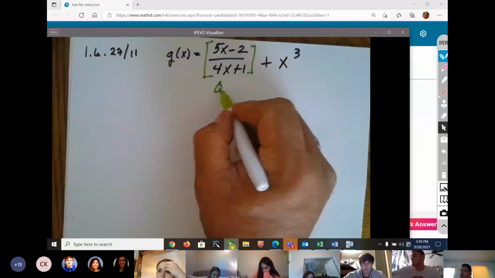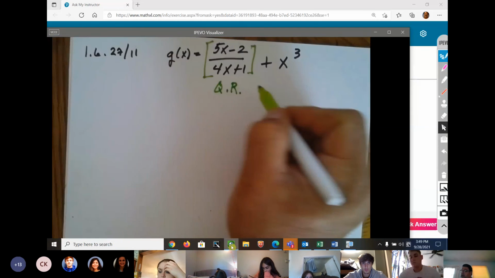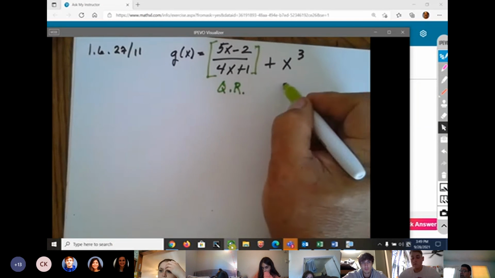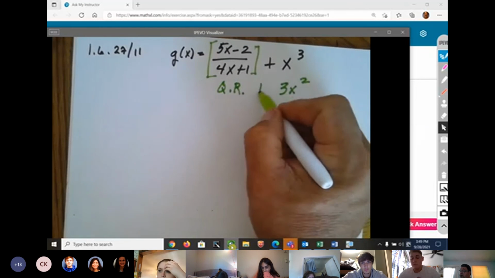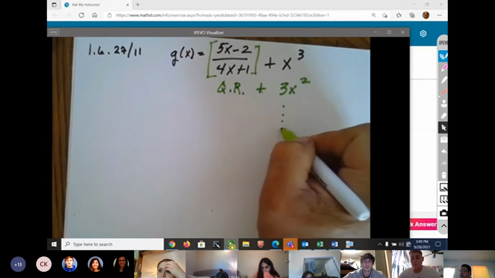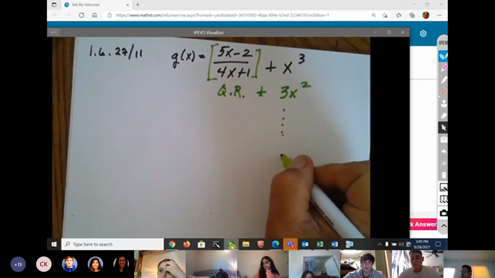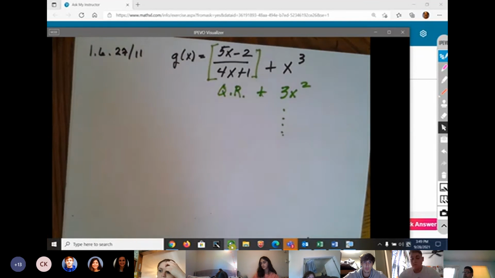So quotient rule. You can take the derivative of this now or later, and put the answer all the way down here, but I'm going to focus on this.